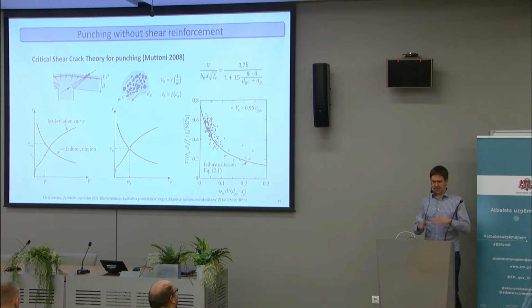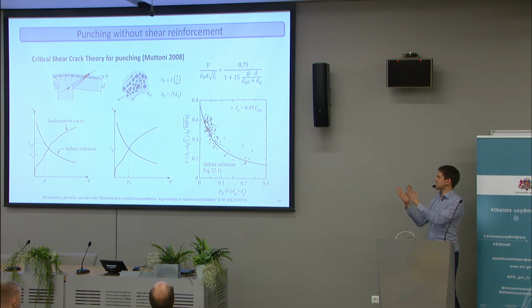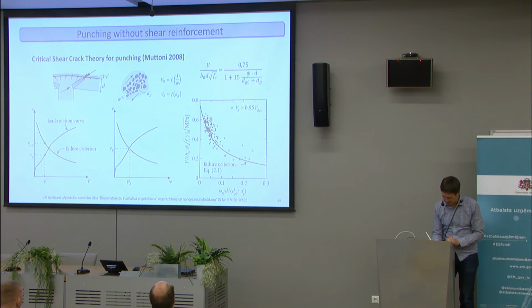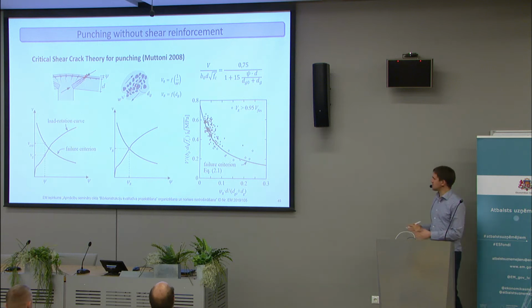So basically it's a flexure crack. The wider the flexure crack is, the less force can be carried through the compression strut. And he assumed that the main action here is the aggregate interlock, which depends on the roughness of the surfaces, so on the aggregate size.